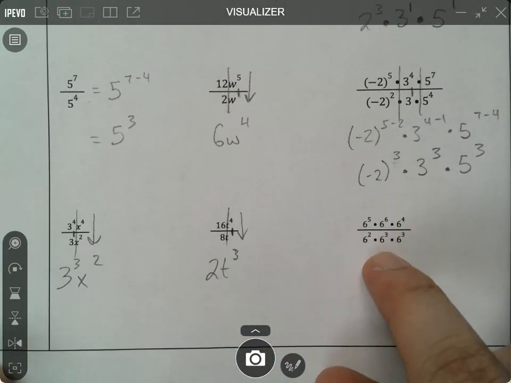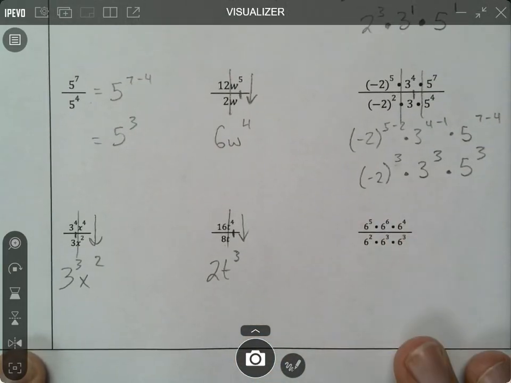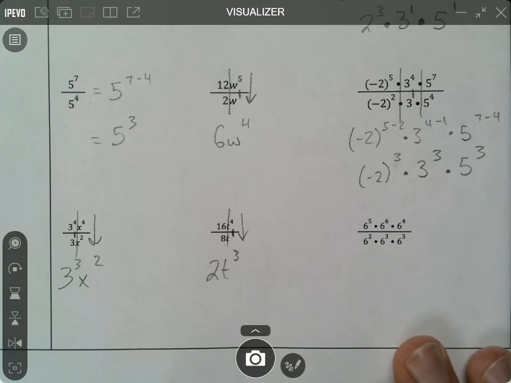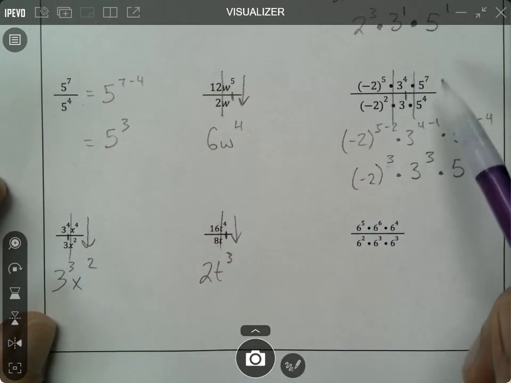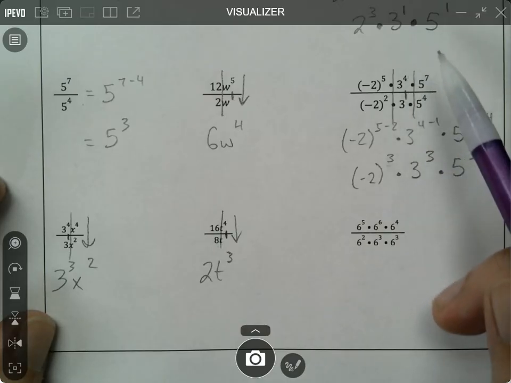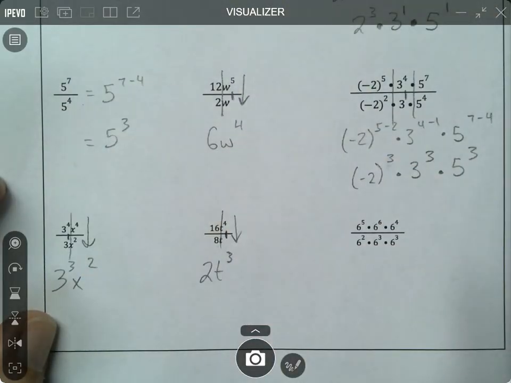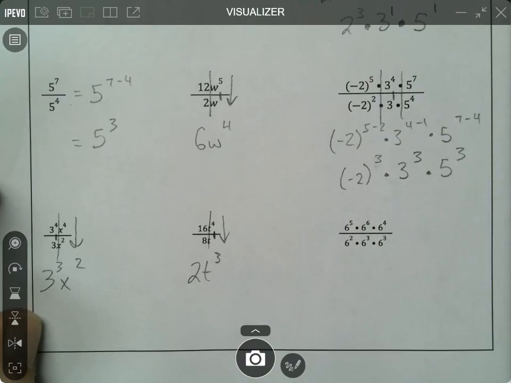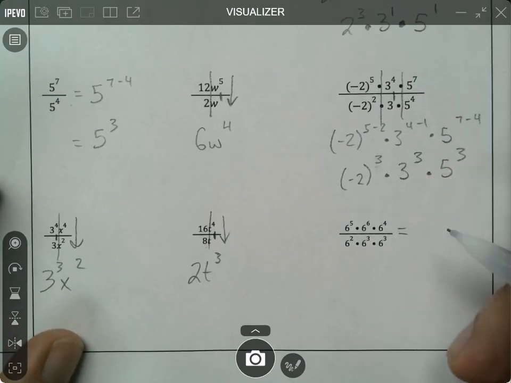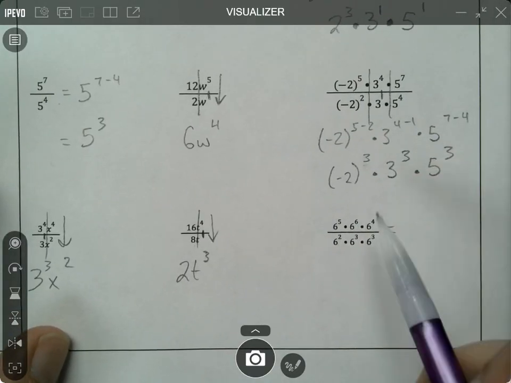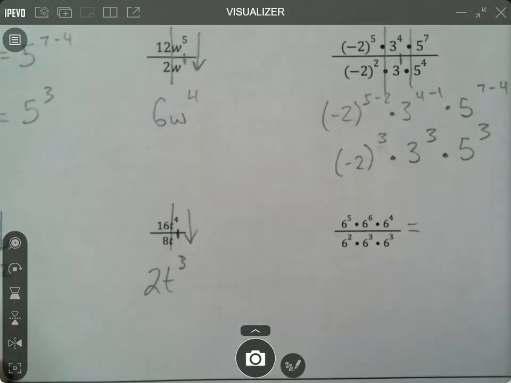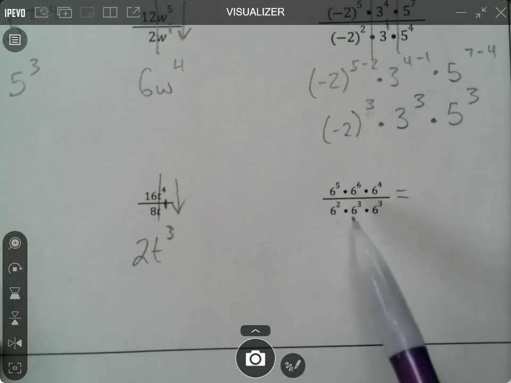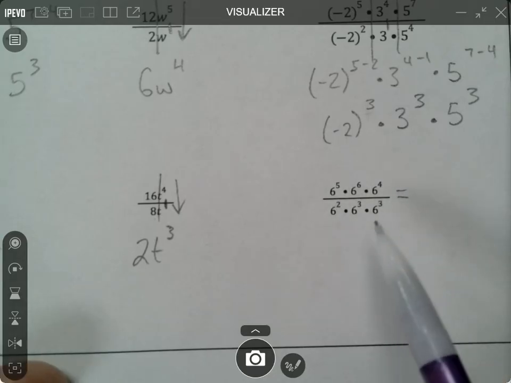Now this one's interesting. What do you notice about all of these bases? Every one of them's the same, right? What you could do is you could use the quotient rule, which is where you go from the top down just like we've done on the rest. What I am choosing to do, because it makes more sense in my brain, is use the product rule from yesterday, right? Because product just means multiplication, and these are all being multiplied on the top and bottom.